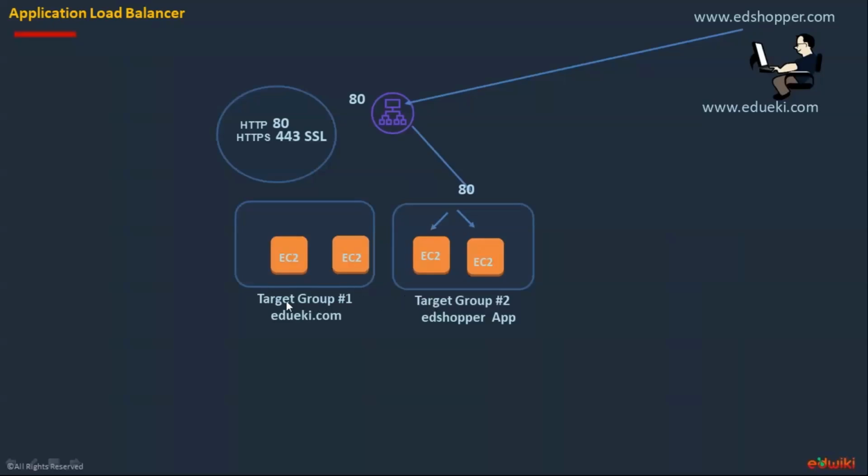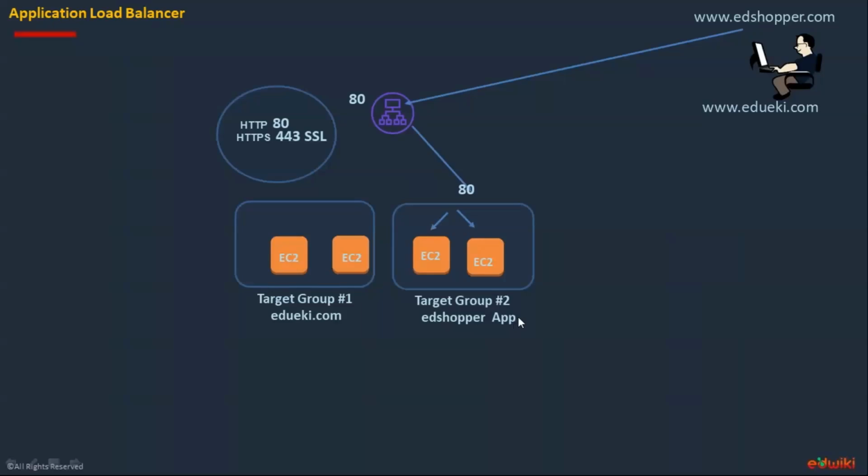In this case, the target group 1 has 2 servers. These 2 servers are configured as identical to serve the same website. The website is edueki.com. The second target group, which is configured with the 2 servers, these 2 are configured as identical to serve a website called edshopper.com.